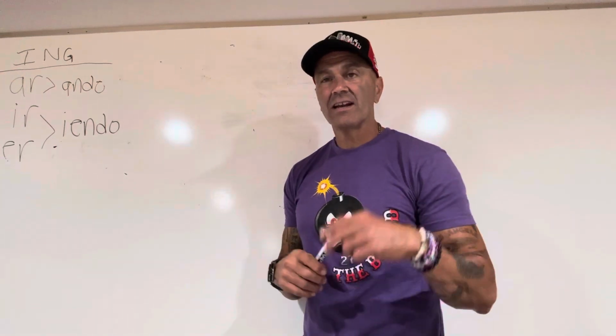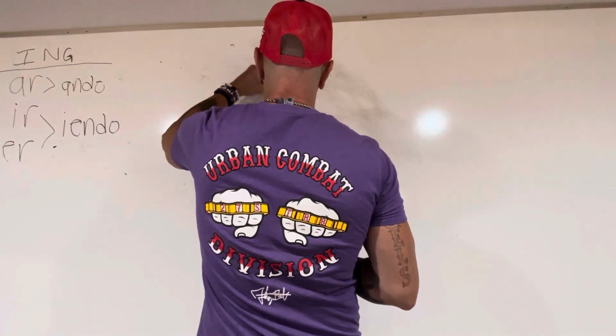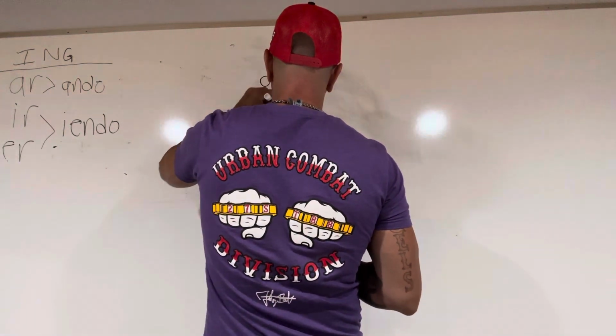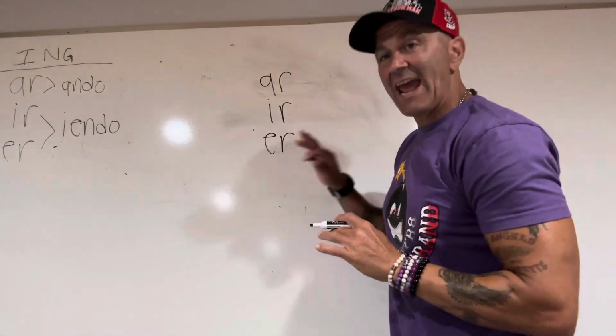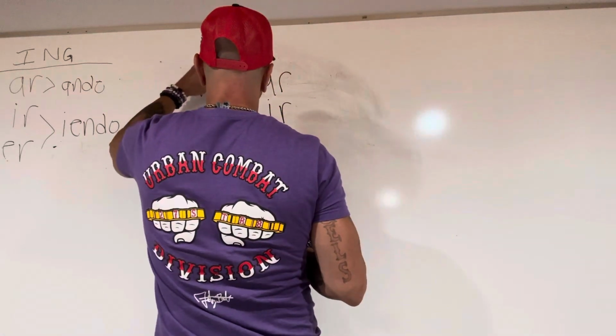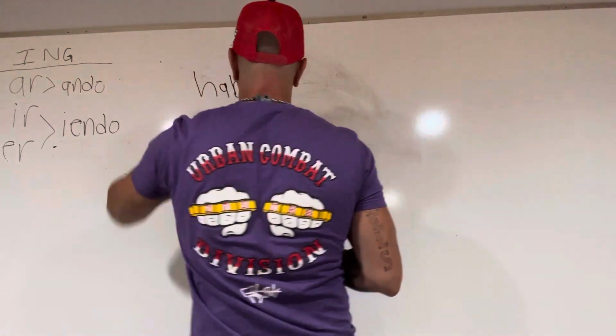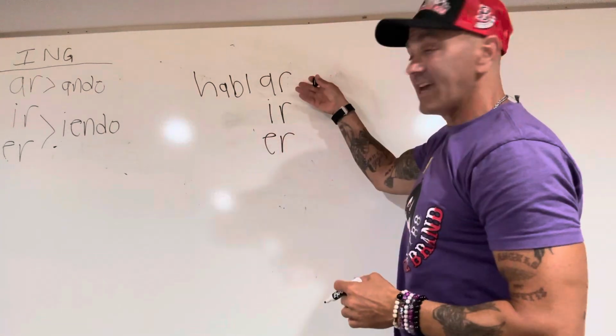Okay? And how do we know a verb is a verb in Spanish? Because they end in one of three ways. They are AR verbs, IR verbs, and ER verbs. These are the verb endings. So for instance, to speak, hablar. We know that's a verb because it ends in AR.